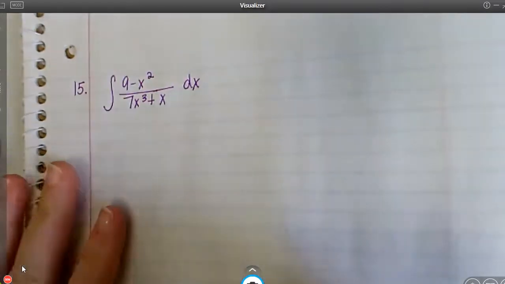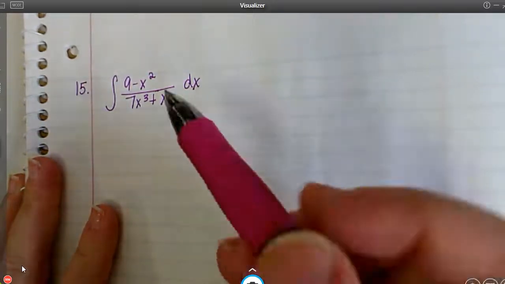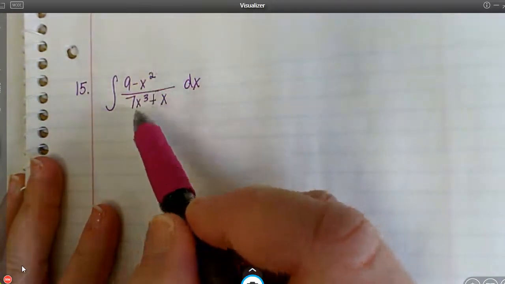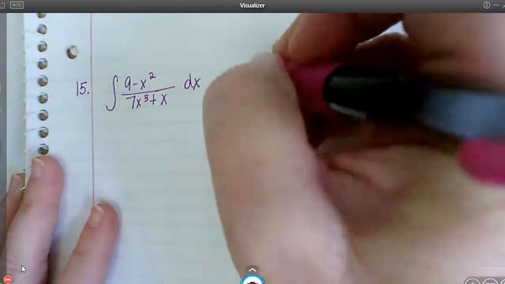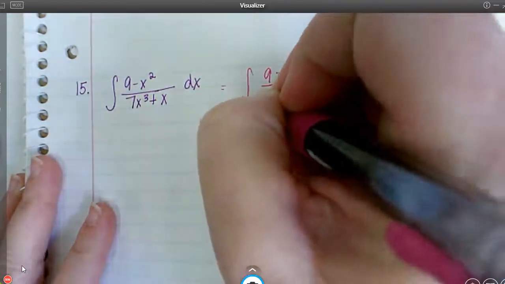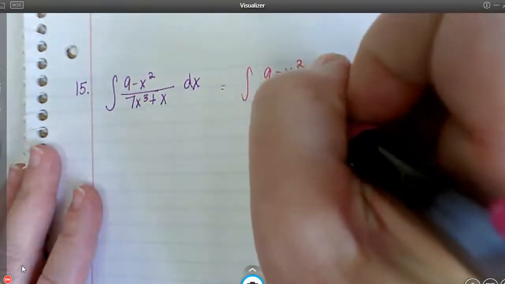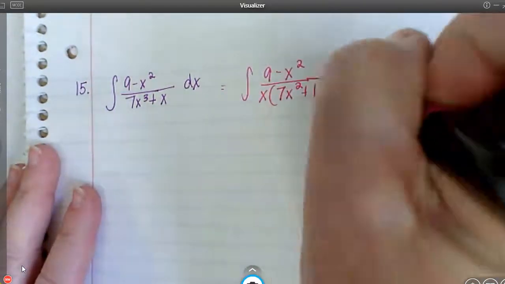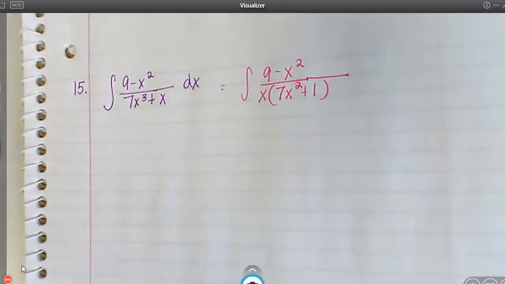Okay, here's another weird case with partial fractions. You don't want to divide because the top is a less degree than the bottom. I want to go ahead and factor out the bottom, which the only thing I can do is factor out an x. And so I get something like that.